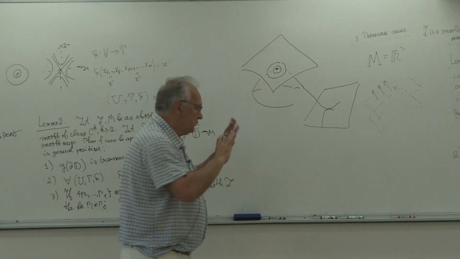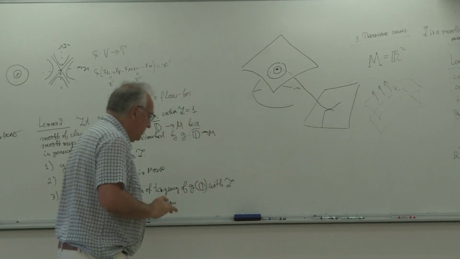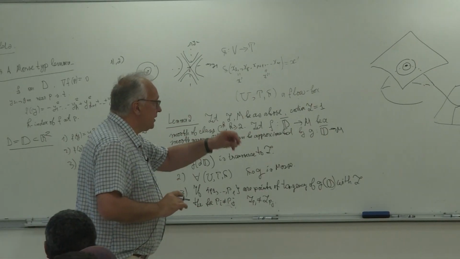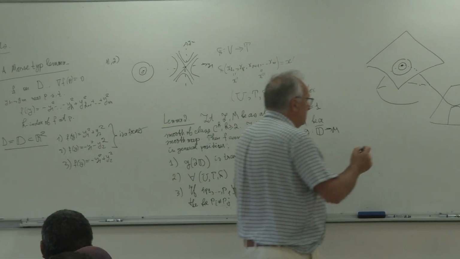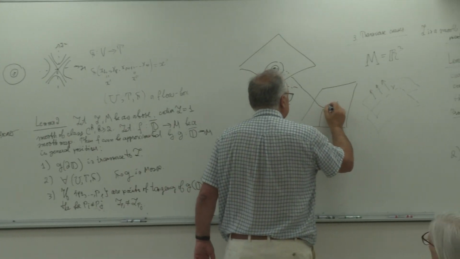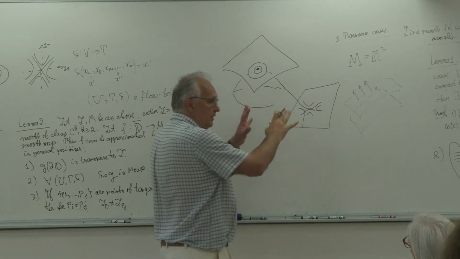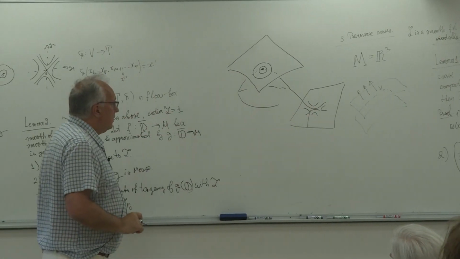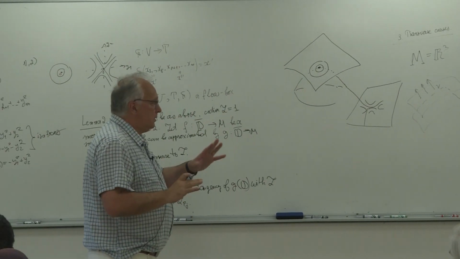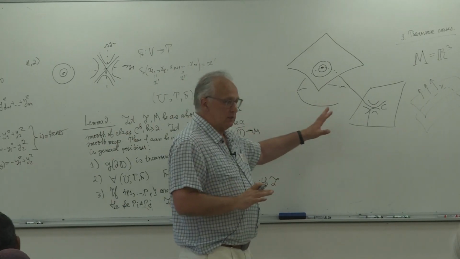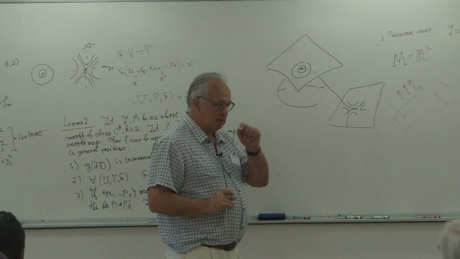Okay? Don't ask me to draw this. And then you can have a saddle point. So the leaves will be like that. And no other singularities, only focuses and saddle points.